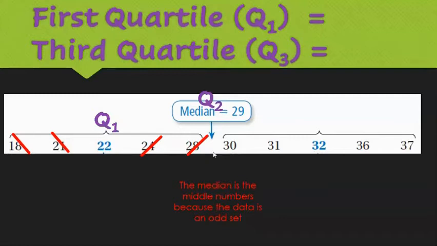We repeat the same process with the upper portion of the data and end up with Q3 represented by the value of 32.